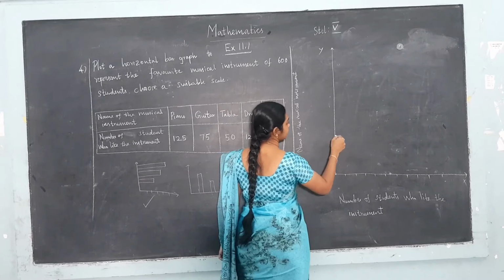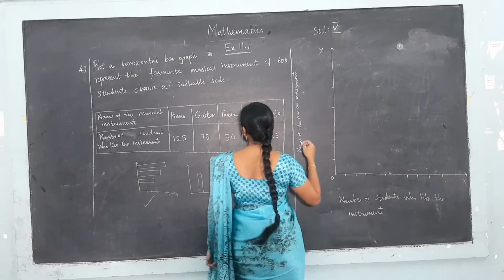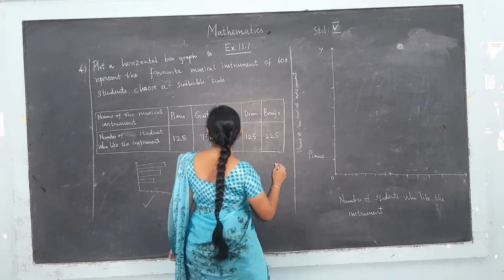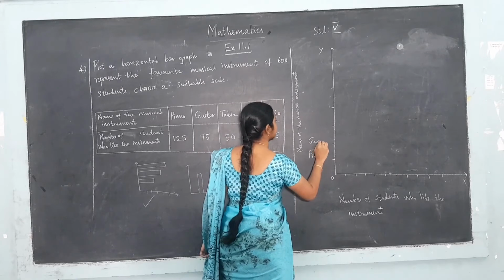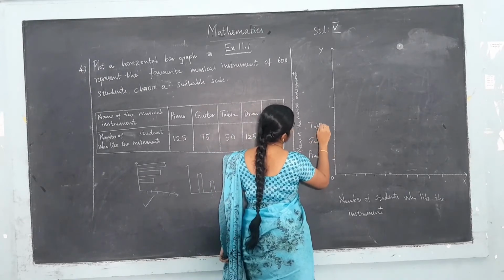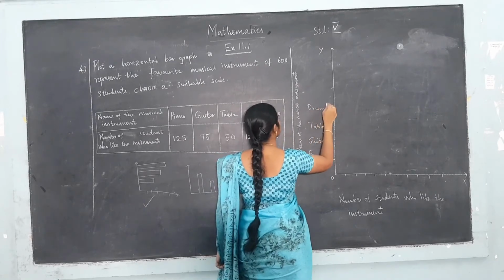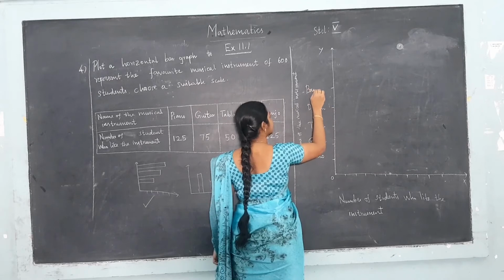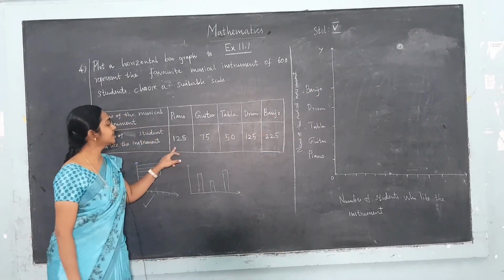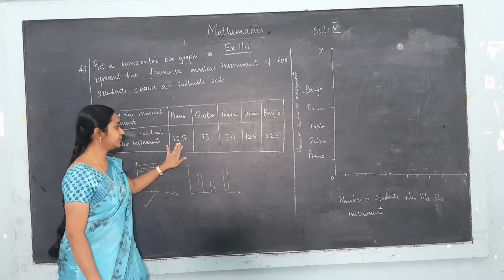Mark the measurements equally. Here it is piano, guitar, tabla, drum, banjo. Look the numbers here. All these numbers are multiples of 25.